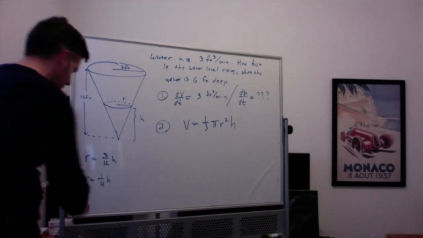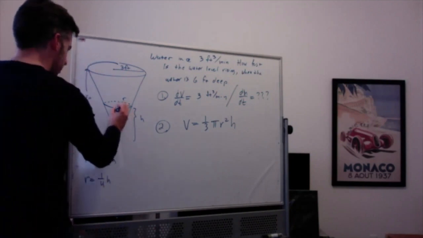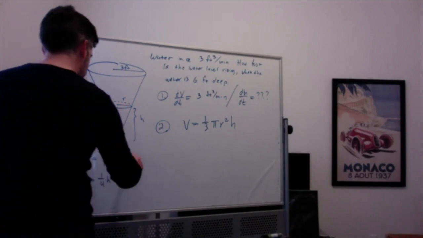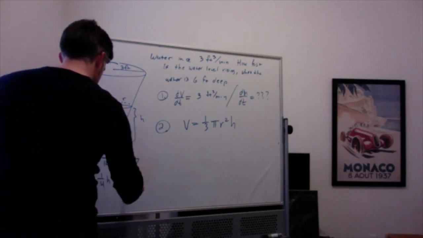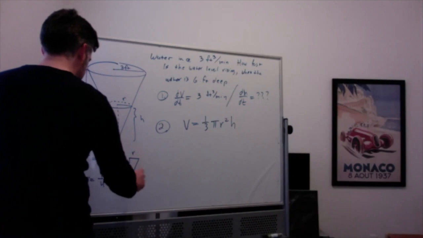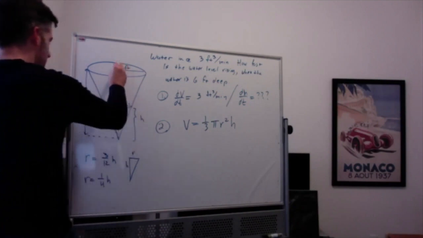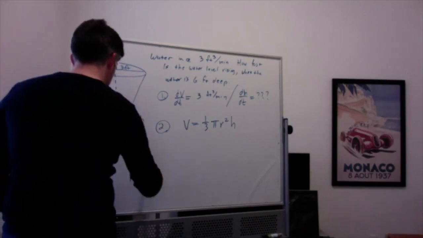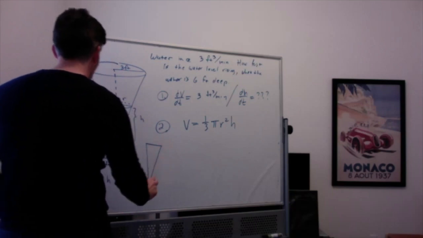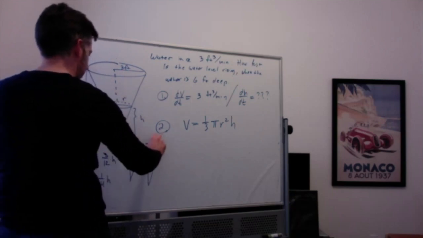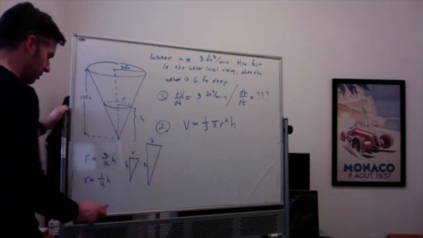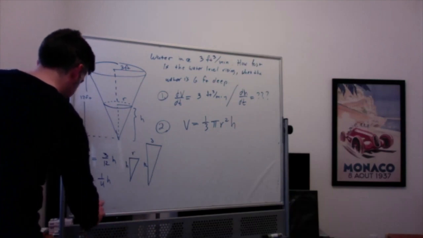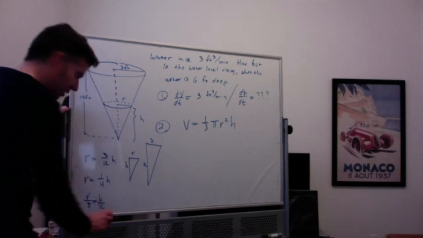You could say, oh, look, here's a triangle with radius and height. And here's a similar triangle with a height of 12 and a base of 3. So you can say, r over 3 equals h over 12, and get the same sort of thing.